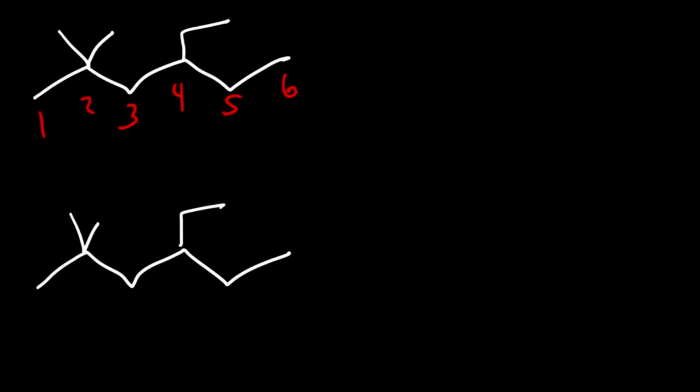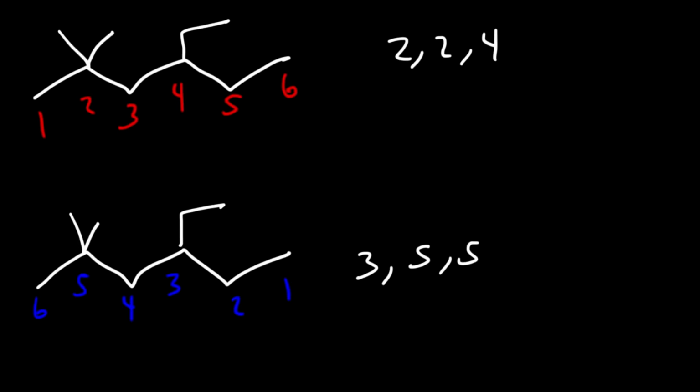So we need to number it from left to right. If we do it the other way, notice that we won't get the lower numbers. Going from left to right, we have 2 methyls on carbon 2 and an ethyl on carbon 4. From right to left, we have an ethyl on carbon 3, 2 methyls on carbon 5.